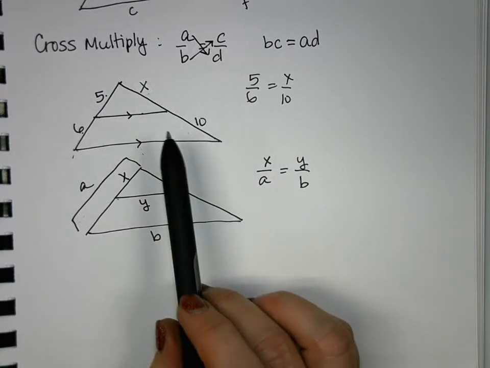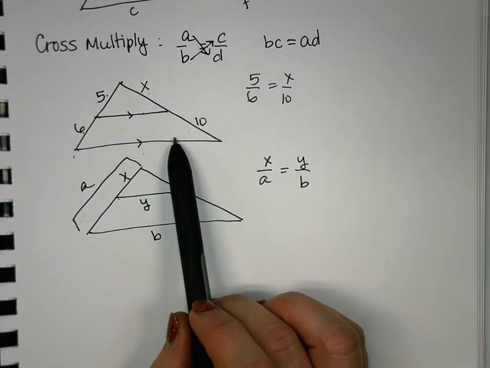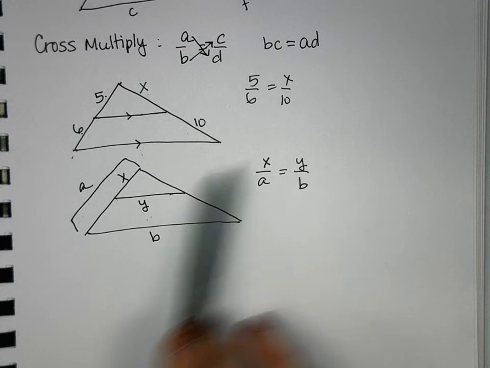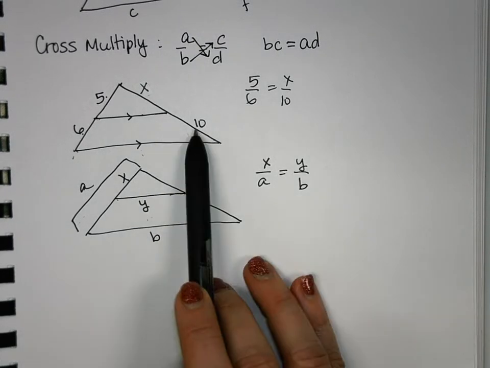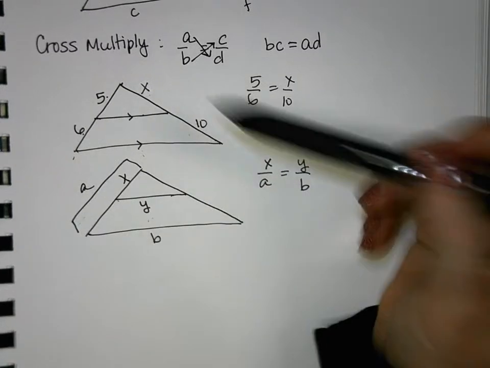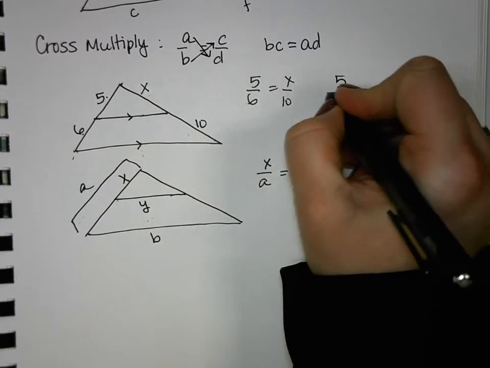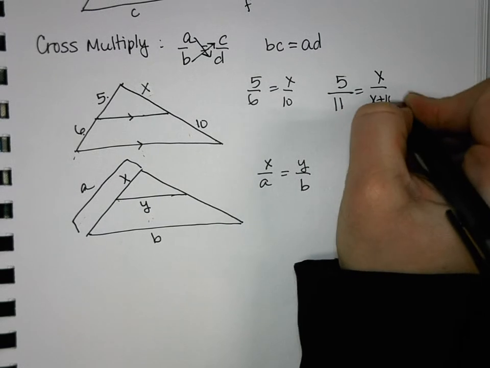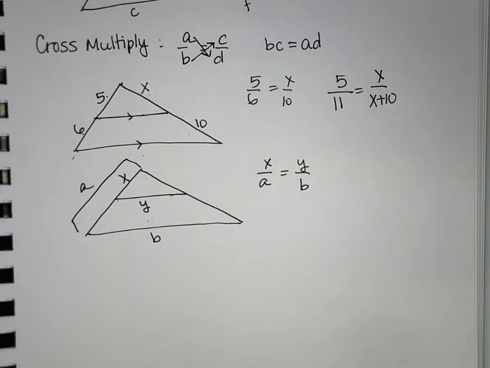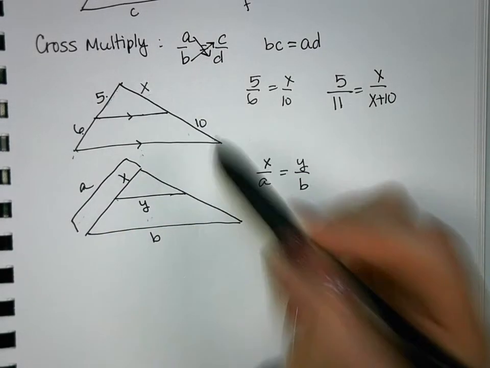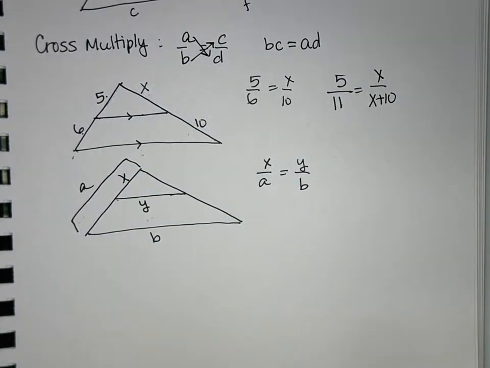So make sure you know when you can do it this way and when you would need to do it that way. This is a special case. So even if you didn't remember this theorem, you could have set this up as 5 over 11 equals x over x plus 10, and you still would have gotten the same answer. So you could still do part over whole if that's easier for you to remember just the one way.